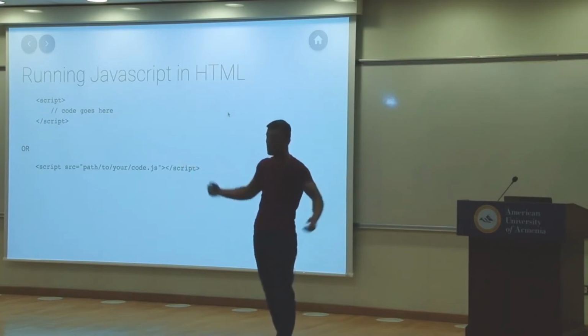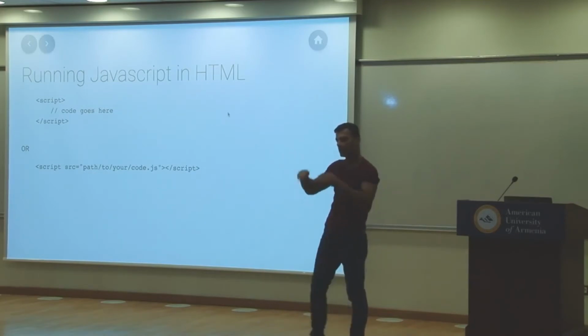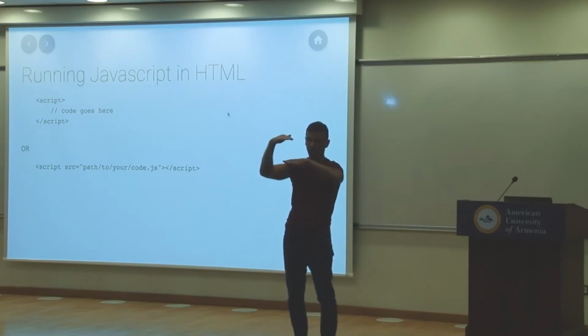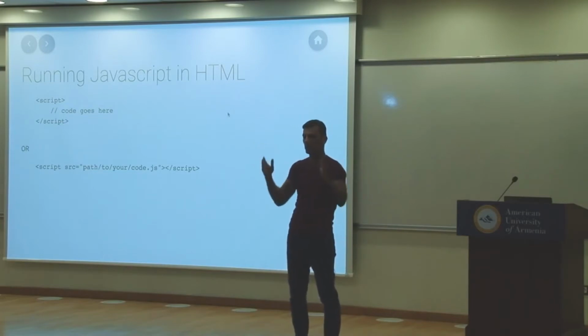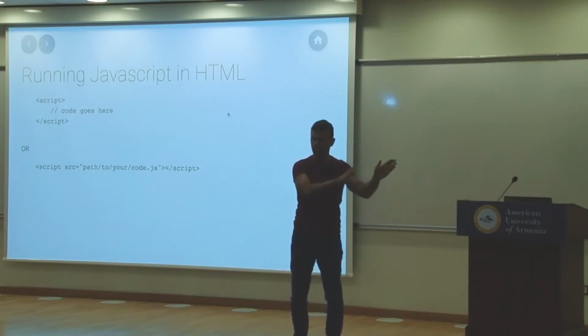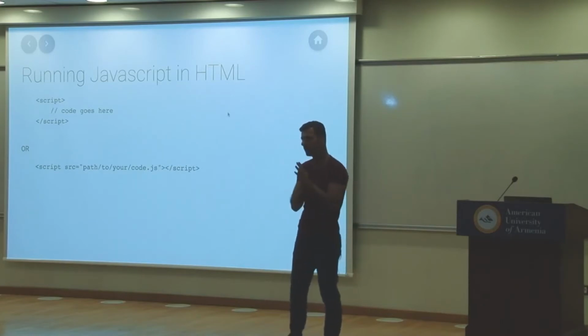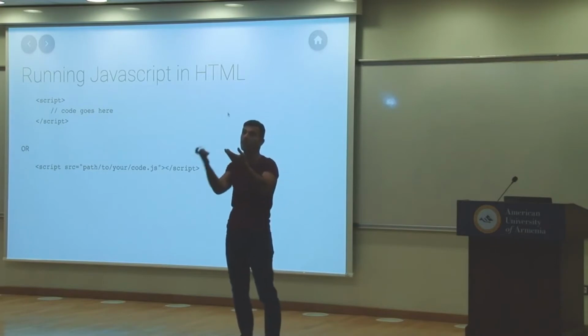Okay? A second way to do it is to again use the script tag, but in this case, instead of putting your code directly inside the script tag, you make a reference to another file. So you write your code in a separate file where you put JavaScript. Now you remember from last time that files have an extension, like a dot something.